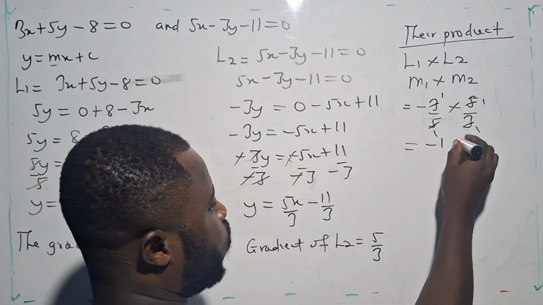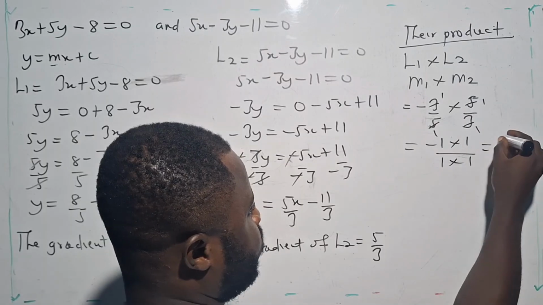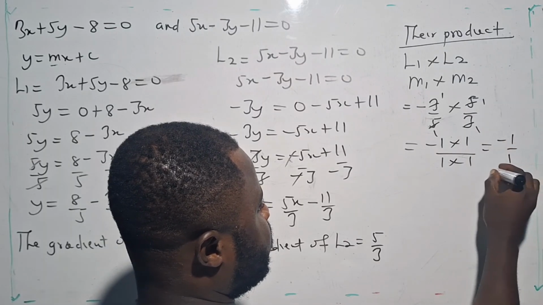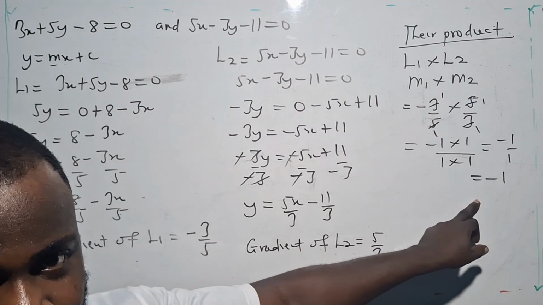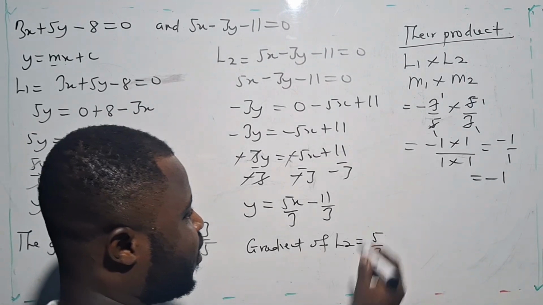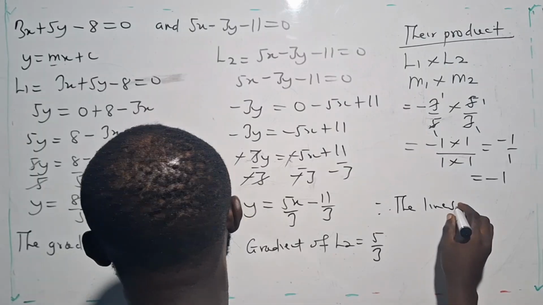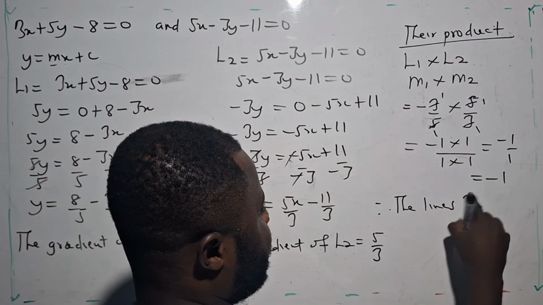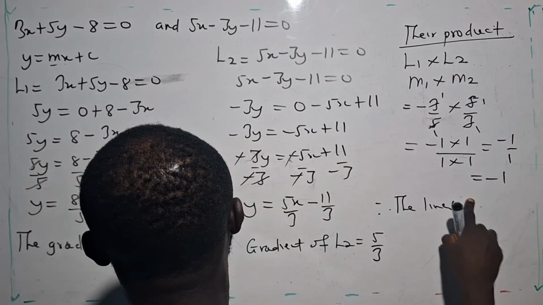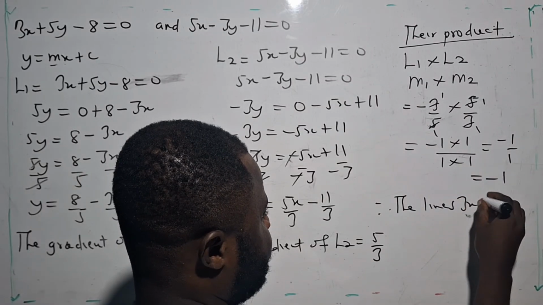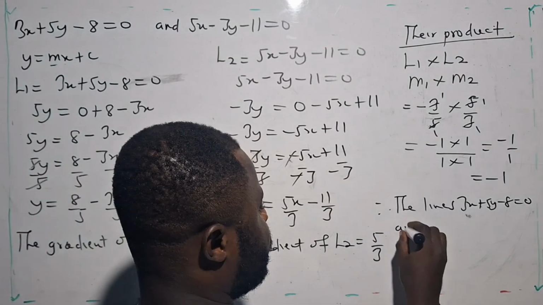So now I have negative 1 times 1 all over 1 times 1, which gives me negative 1. So I've gotten negative 1. Therefore the lines 3x plus 5y minus 8 is equal to 0 are perpendicular.